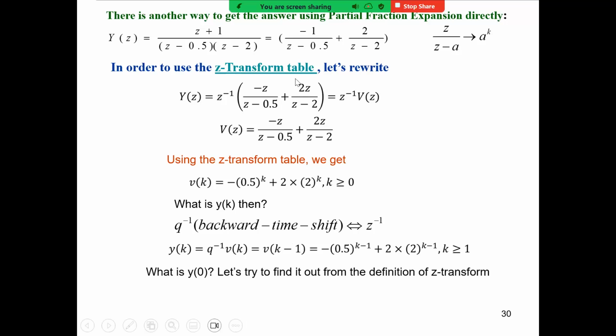Y is Z to the minus 1 times a Z transform. And you think about the definition of the Z transform. In the Z transform, the first term is the initial value, f0. The second term is f1 times z to the minus 1.